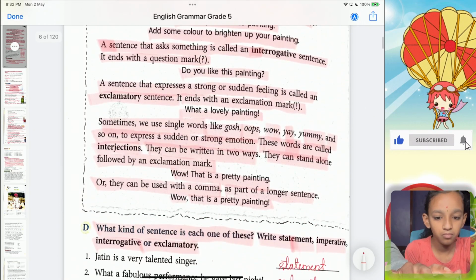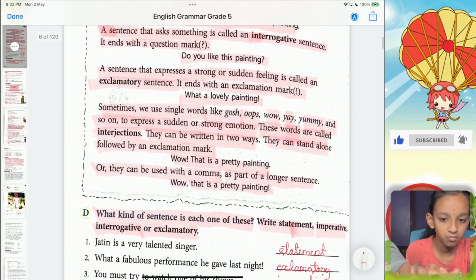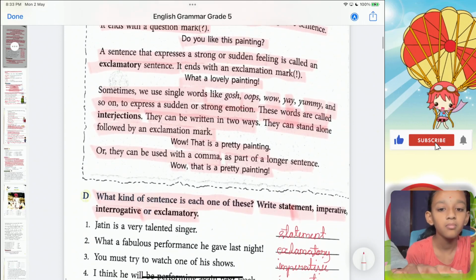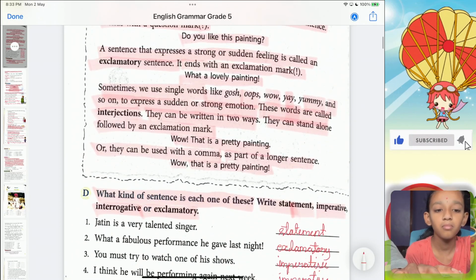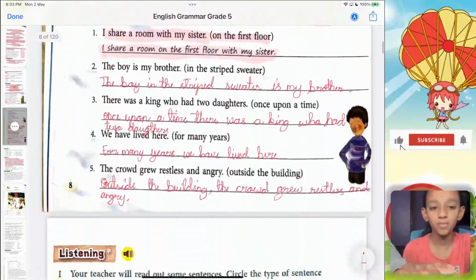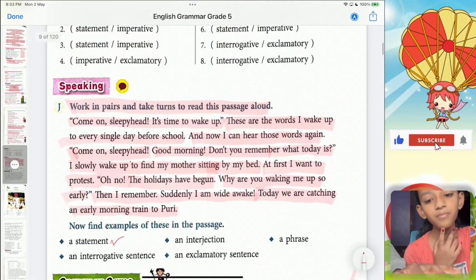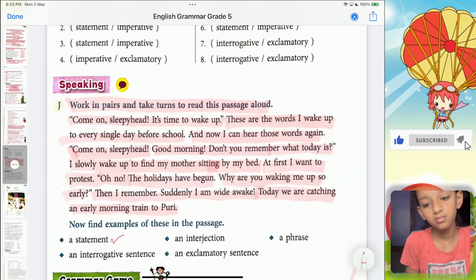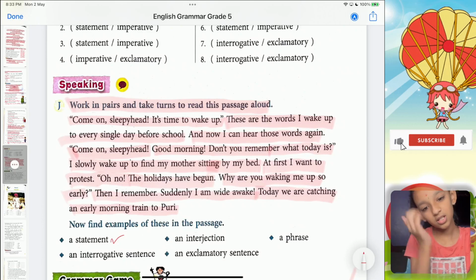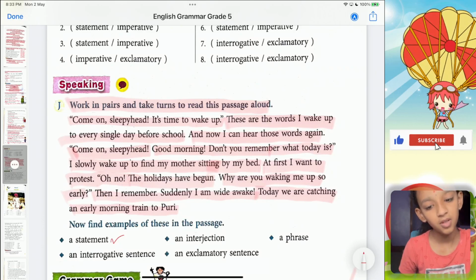Sometimes we use single words like gosh, oops, wow, yummy, and so on to express sudden or strong emotions. These words are called interjections. So if you go back here, you have to find the interjections.